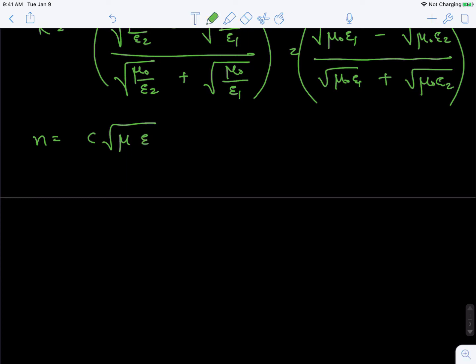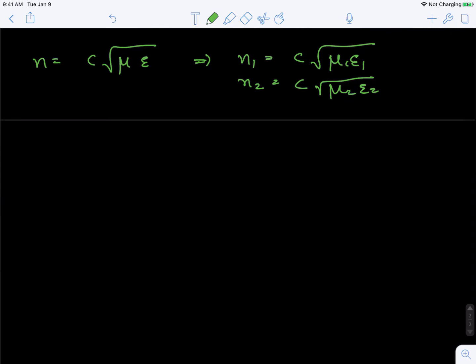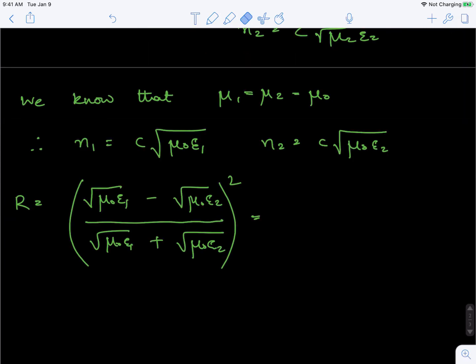That means N1 is equal to C square root of mu1 epsilon 1, and N2 is equal to C square root of mu2 epsilon 2. We know that mu1 is equal to mu2 is equal to mu naught. So therefore N1 becomes C square root of mu naught epsilon 1 and N2 becomes C square root of mu naught epsilon 2.